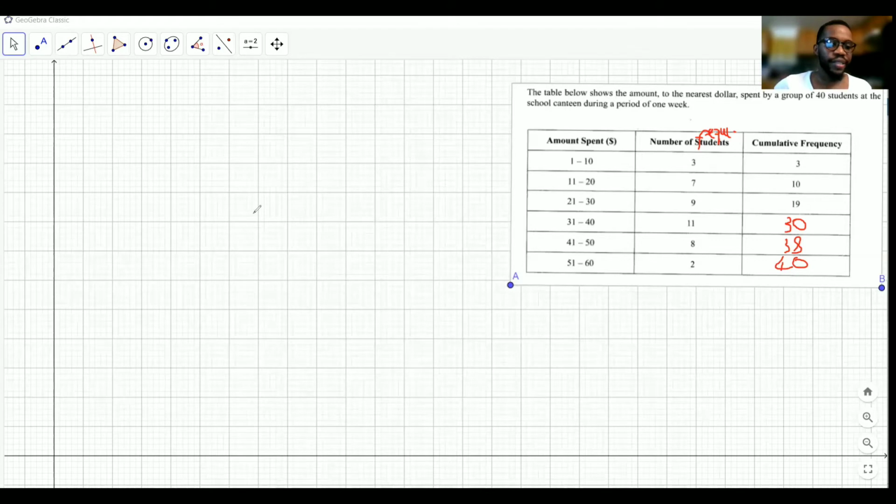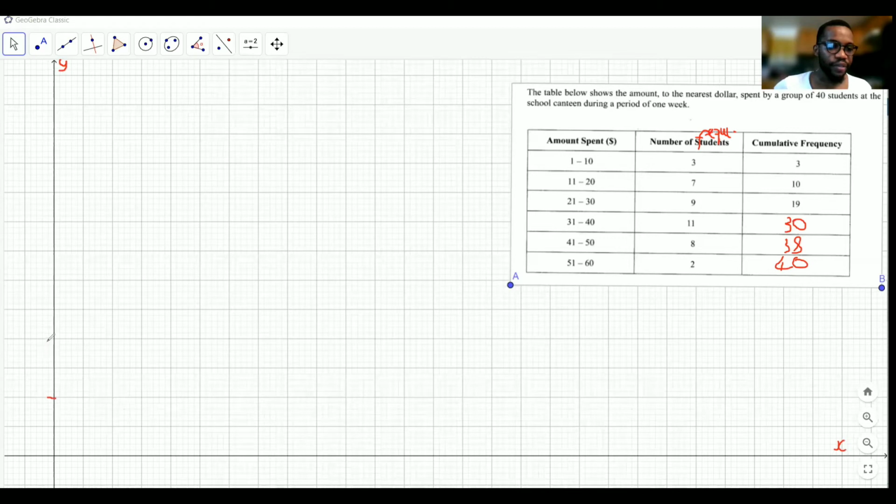Now, let's say I decide to go up on the y-axis first, because the cumulative frequency goes on the y-axis. So we need to label our axes, make sure we have y up here, and make sure we have x over here. Okay, let's go up now. Since the cumulative frequency goes up there, I could probably go by 10.